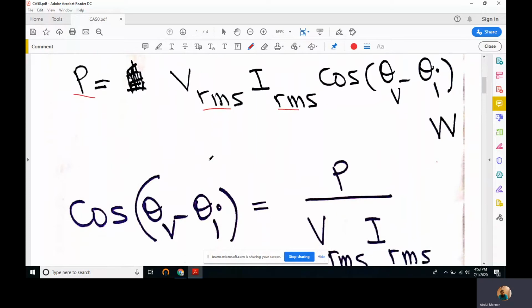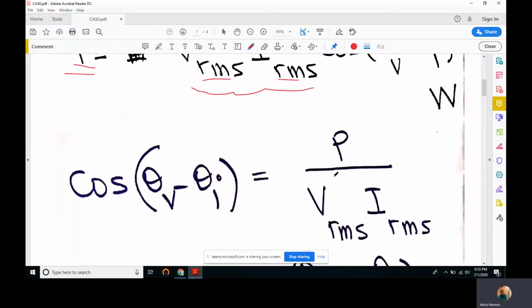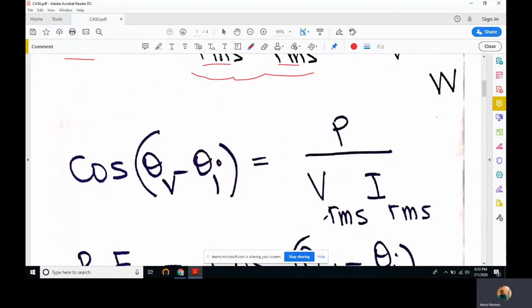Today we'll define a new term. If we divide by this product, V RMS times I RMS, by taking this product on the other side of the equation, we are left with this cosine term on the left and everything else on the right.